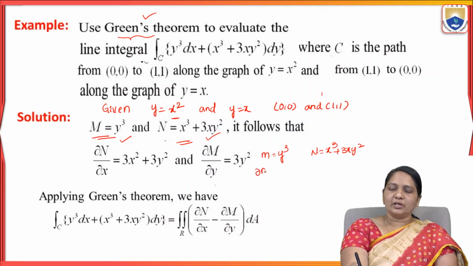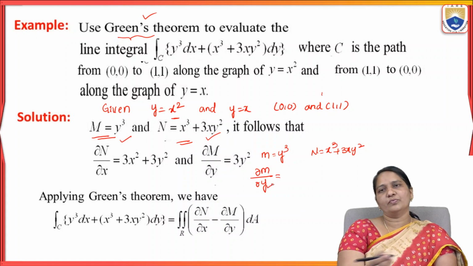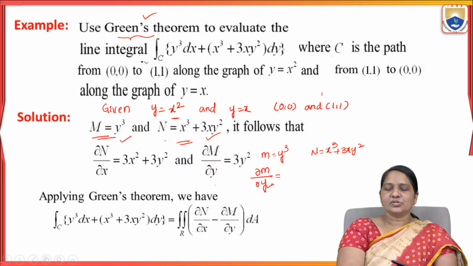First we calculate dou M by dou y, which is the partial differentiation of M with respect to y. Here y cubed is there, and we differentiate with respect to y.